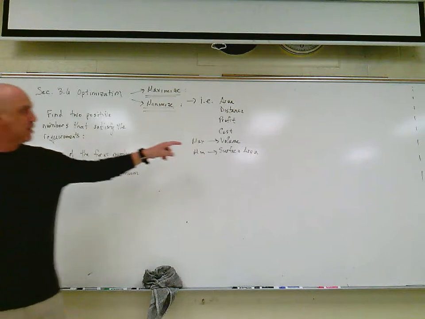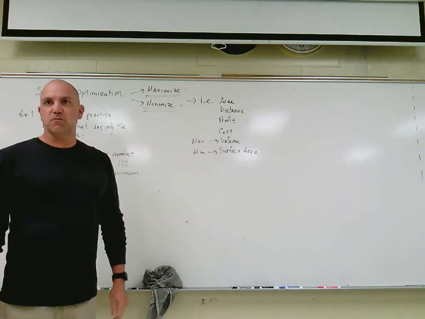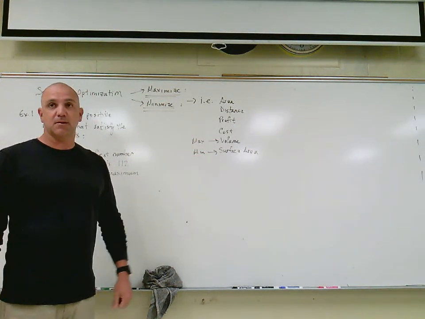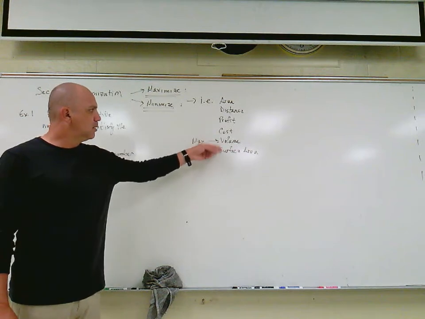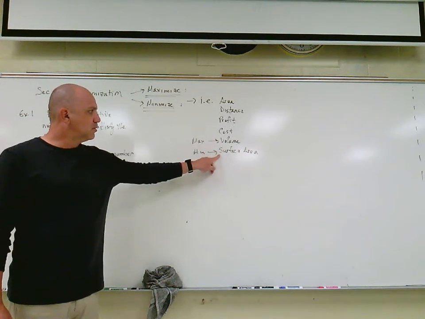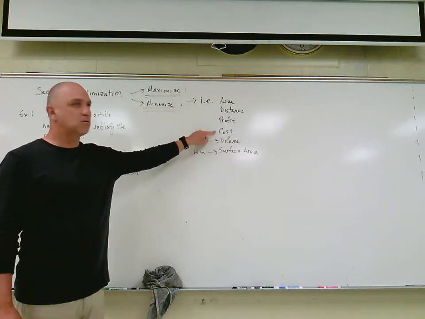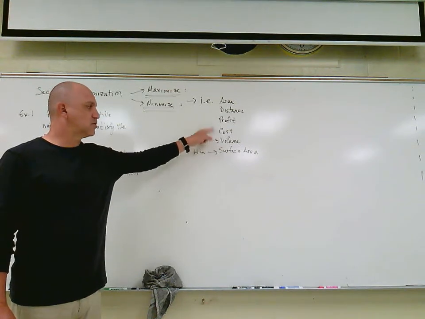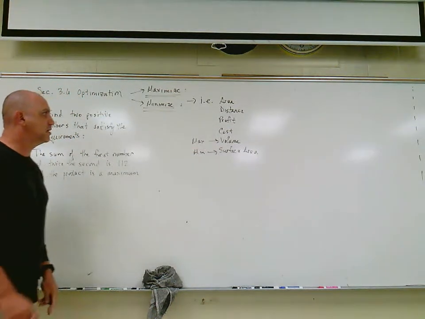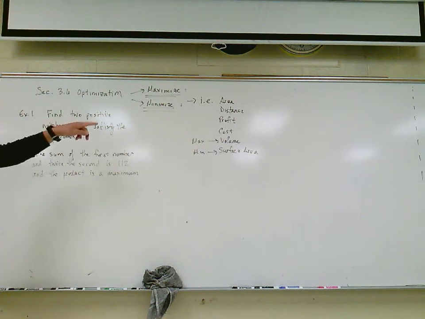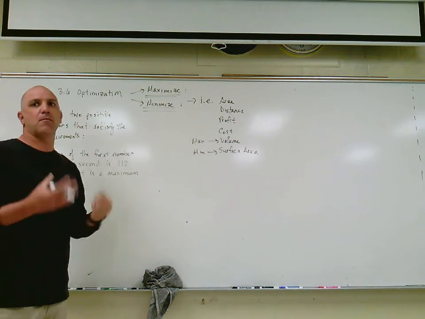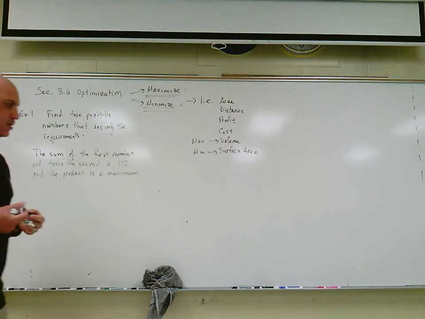You want to maximize the volume, but you want to minimize the surface area. You also want to make it aerodynamic. So there's a lot more to that, but you get the idea that surface area might lead into cost, and these are things that you want to minimize. There's a whole list of things, but optimization falls under those categories. Either you're maximizing something or you're minimizing something.